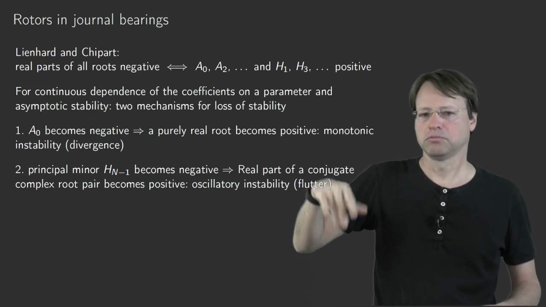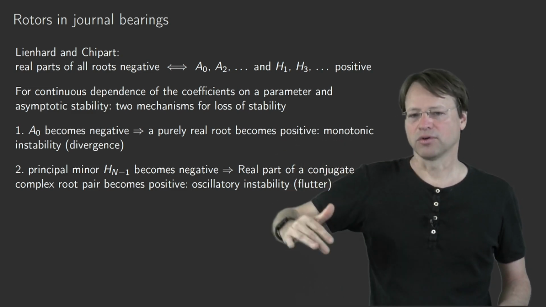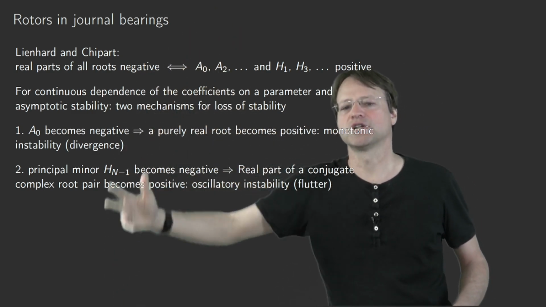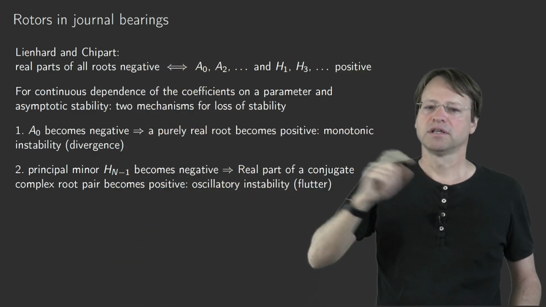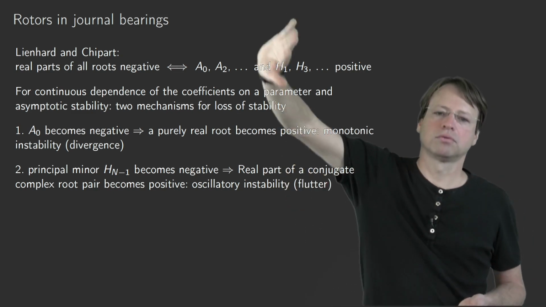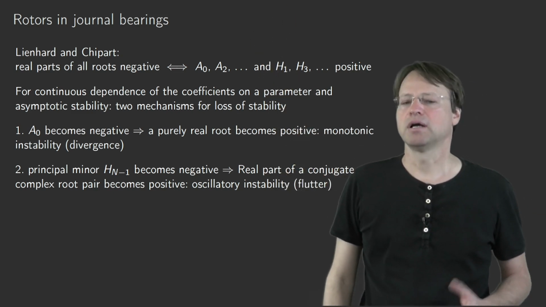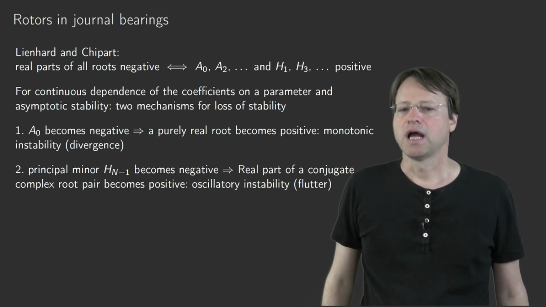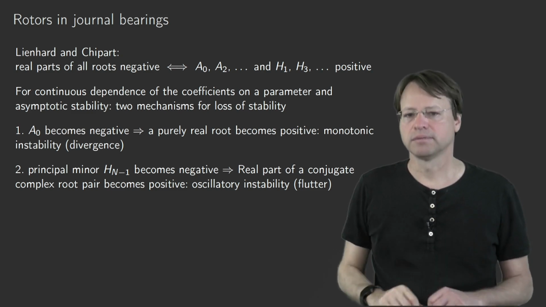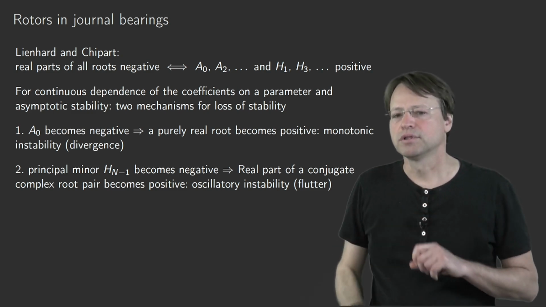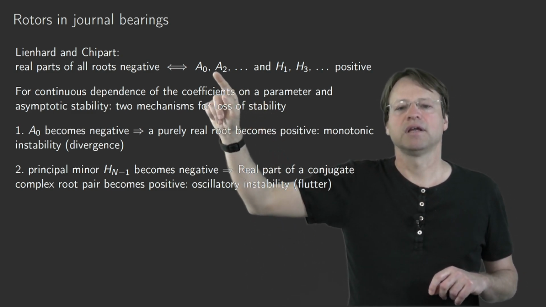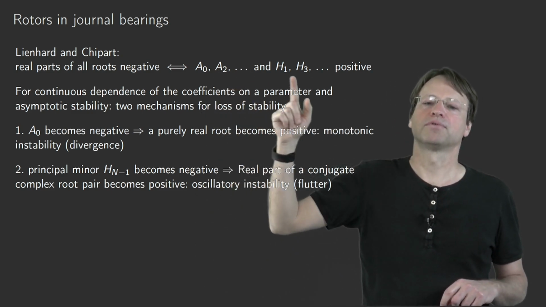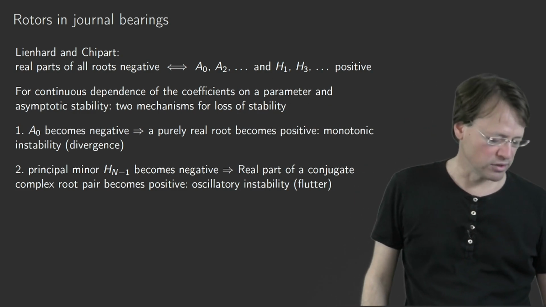So you have these harmonic oscillations, and their amplitudes become larger and larger. In contrast, for the first one, you just deviate exponentially to infinity. So these two different mechanisms exist, and they are rooted in two different properties, namely they can be found from the coefficient a_0 or from the principal minor h_(n-1).